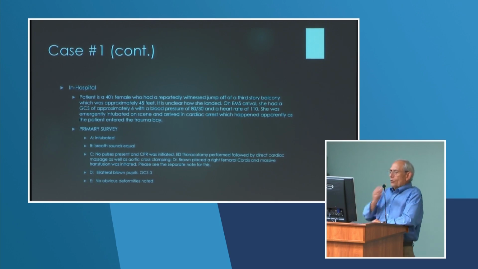Now, with a blood pressure of 80/30 and a big retroperitoneal bleed, one would expect that she'd have a heart rate in the 150 range at least, a massive bleed, but your heart rate slows down as you're dying.